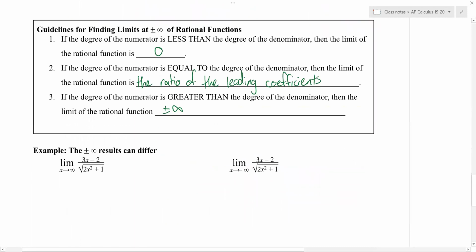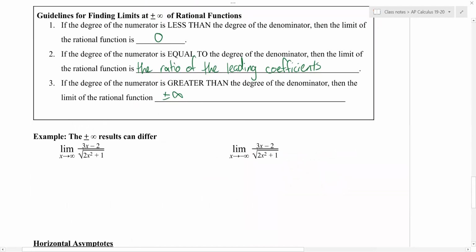So the results from positive and negative can differ also if it's not just infinity. Let's look at this example. We want the limit as x approaches infinity of 3x minus 2 divided by the square root of 2x squared plus 1. The constant terms we can cross out. So we're left with the limit as x approaches infinity of 3x divided by the square root of 2x squared.